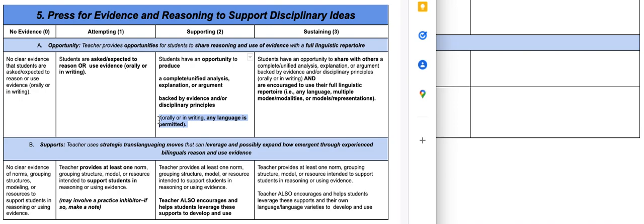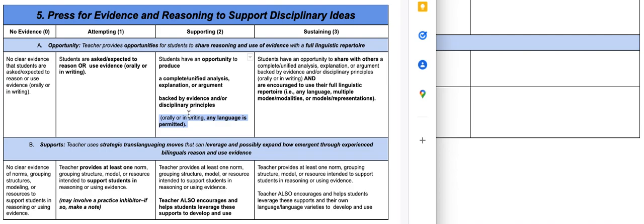If students can only use English, or whatever the target language is, not necessarily English, then you're definitely at a level 1. But if it's a monolingual classroom, you're not getting to a 2, but the teacher's not necessarily encouraging students to use any multilingual abilities that they might have either.